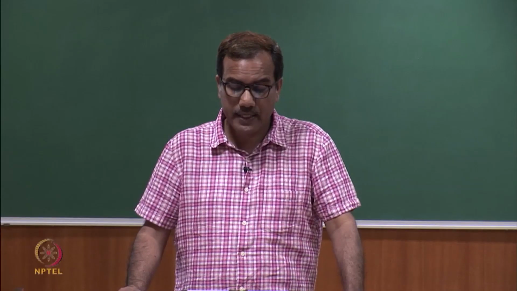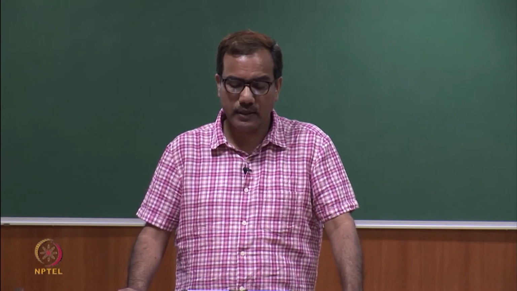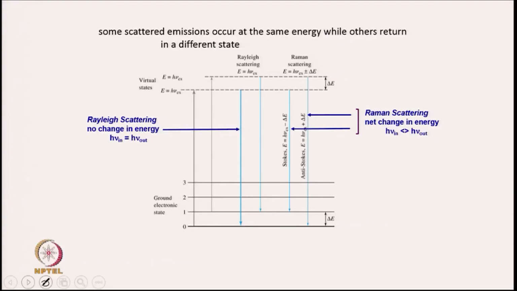Some scattered emission occurs at the same energy, while other emission returns to a different state. If it happens at the same energy, then you say that this is Rayleigh scattering, where h nu in is equal to h nu out.